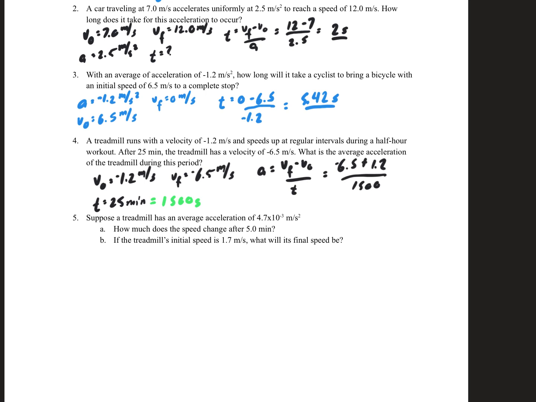So crunching some numbers, negative 6.5 plus 1.2 divided by this big 1,500 number. So I get a really small acceleration, but it kind of makes sense for the context of the problem. Negative 0.0035 meters per second squared that I would get for the treadmill.